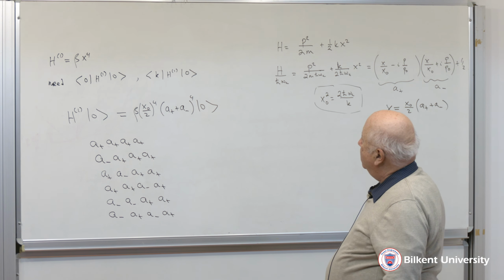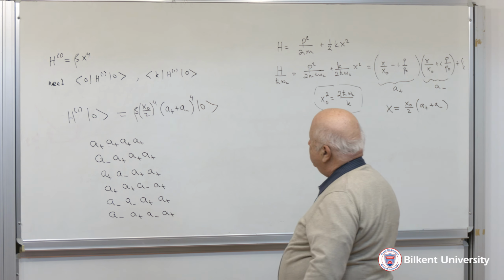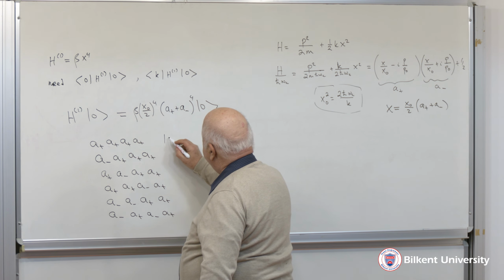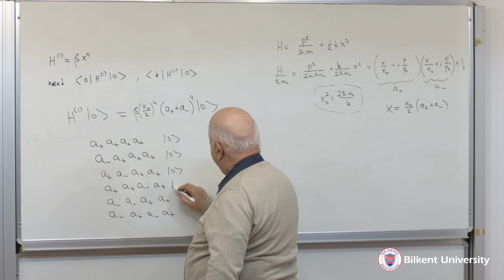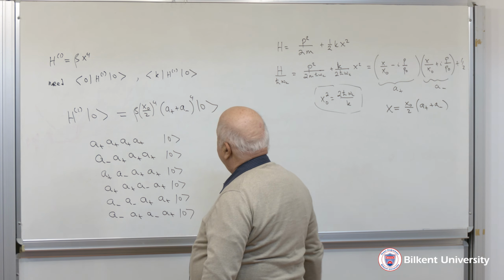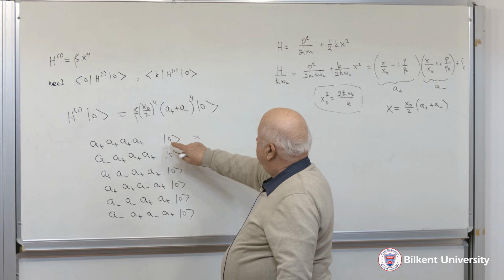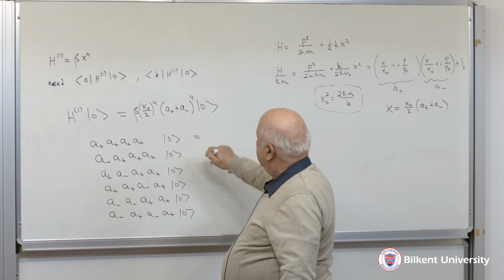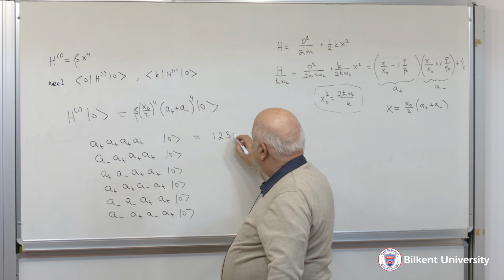Okay, so we have this thing acting on all of these things acting on zeros. So help me out. What does this give me? So it goes up to 1, 2, 3, and 4, right?